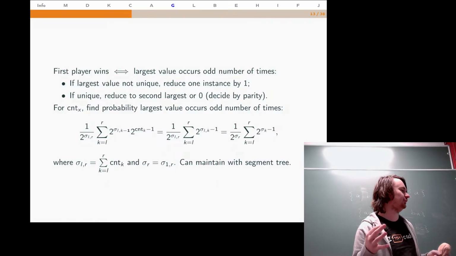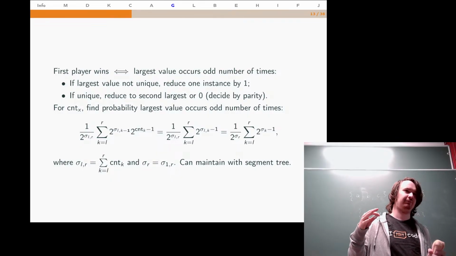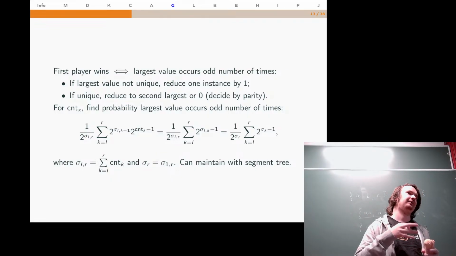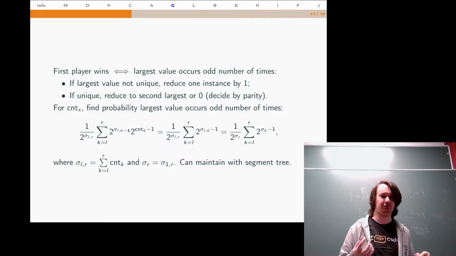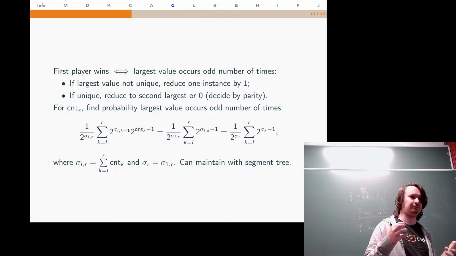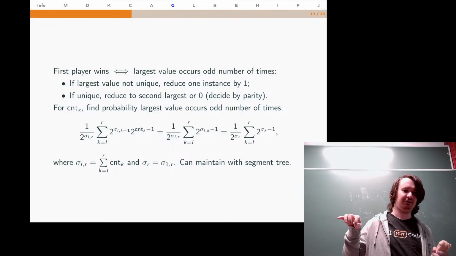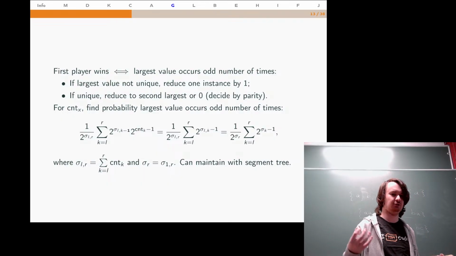So why is it so? On one hand, if you have only one pile, then the first player can just remove everything from this pile, and then the first player will win. Otherwise, the first player can make sure that the other player gets a state in which it is not true.